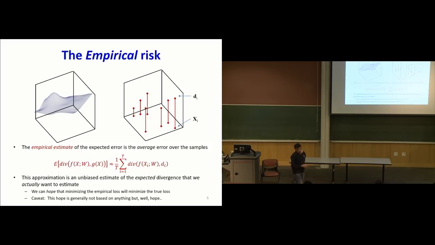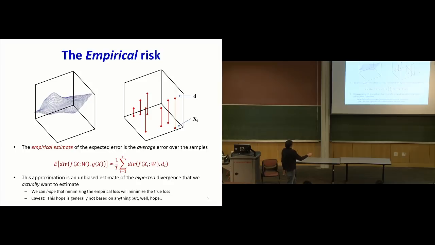So we're going to compute the empirical estimate of this expected divergence. The empirical estimate is that for each of these training points, we will compute the divergence between the output and the desired output, and compute the average divergence over all of these training points.